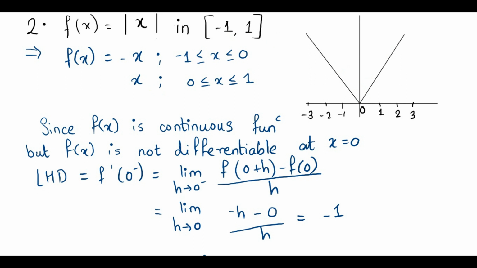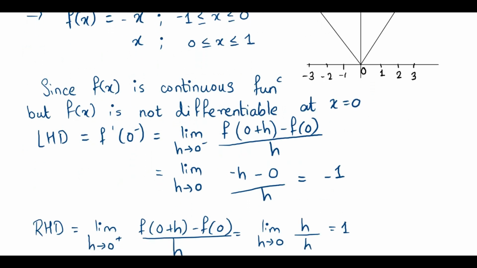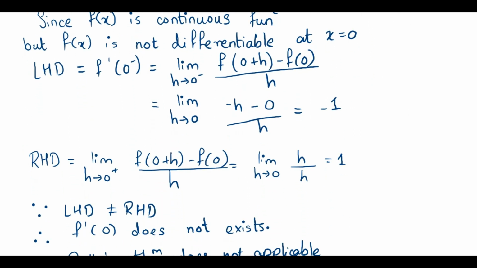Before going for differentiability, let us see that f of x is equal to minus x for x between -1 and 0, from the graph, and f of x is equal to x if x lies between 0 and 1. For differentiability we check the left hand derivative and right hand derivative.